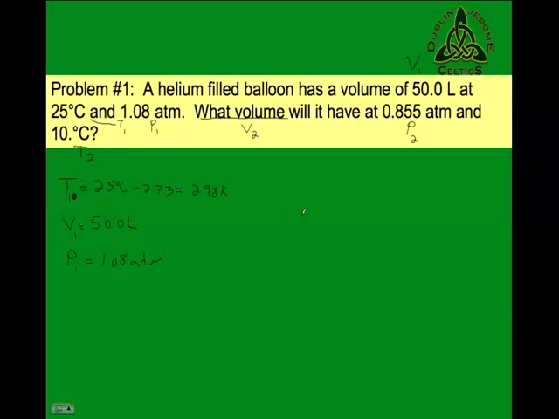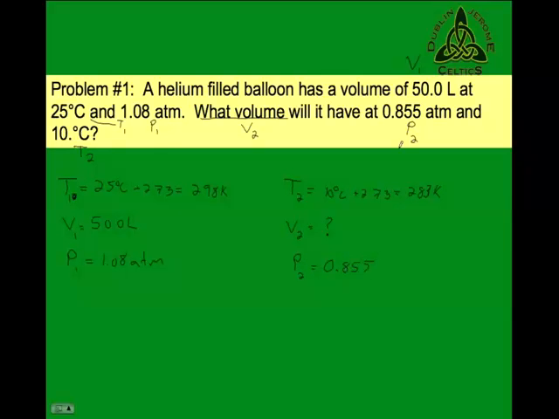What's going to happen if the temperature changes to 10 degrees Celsius, which is really 283 Kelvin, what's going to happen to the volume? I don't know. And the pressure is 0.855.